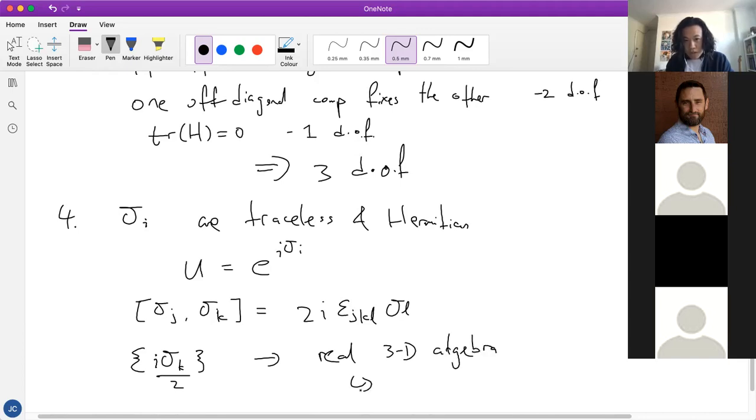And this real 3-dimensional algebra is isomorphic to su(2), which is, imagine this to be the math fraktur su(2). So it's this 3-dimensional algebra spanned by the Pauli matrices. It's the same as the one that is used to generate the SU(2) group. So this is the generator for the special unitary group of order 2.